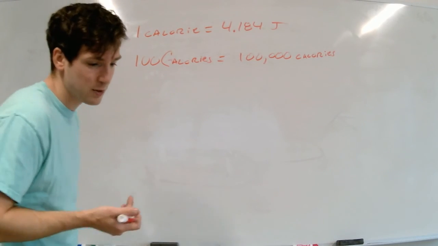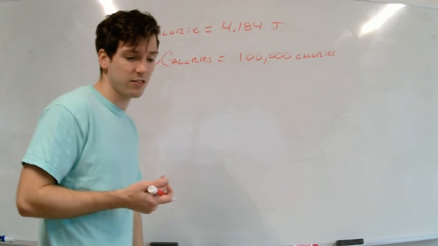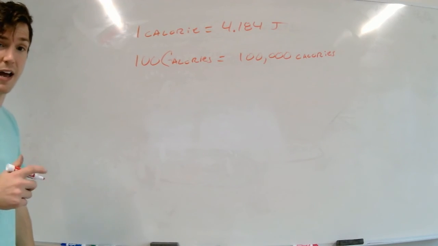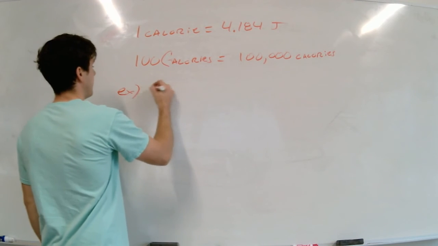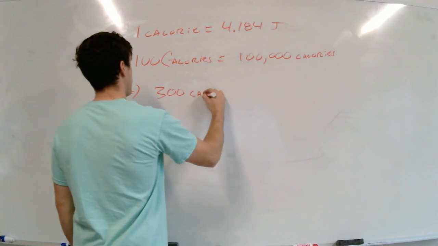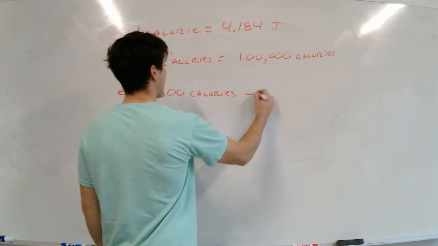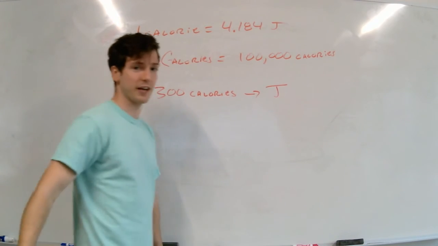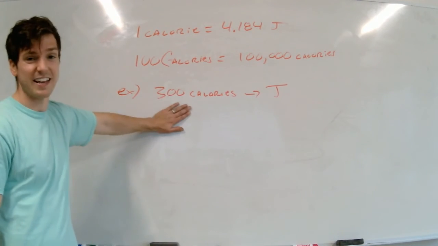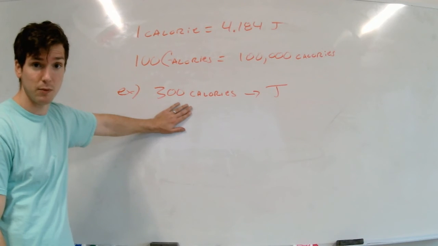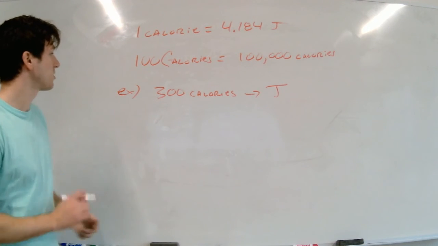So I'm just going to have you convert things from calories to joules. So let's say that I have 300 calories, and I want you to go to joules. Okay, this 300 calories, that's actually 0.3 calories on food labels. So let's go ahead and do this conversion.